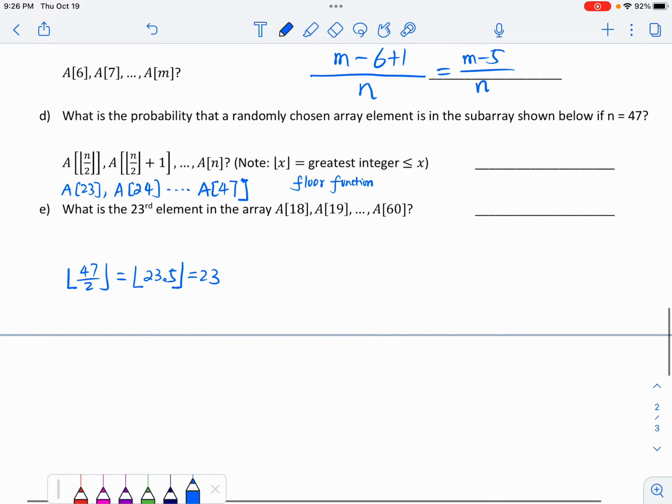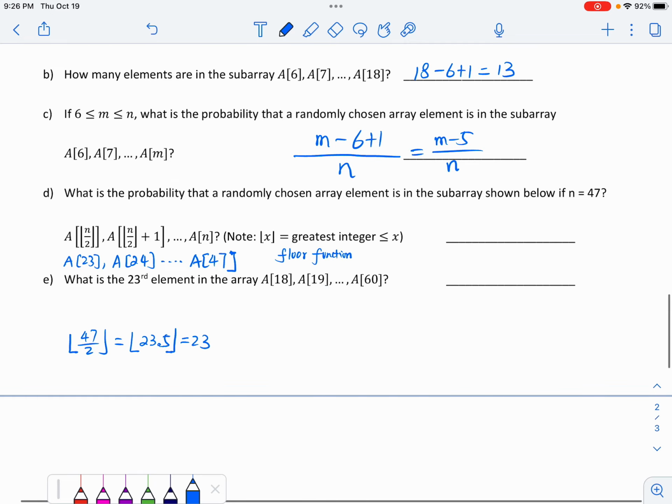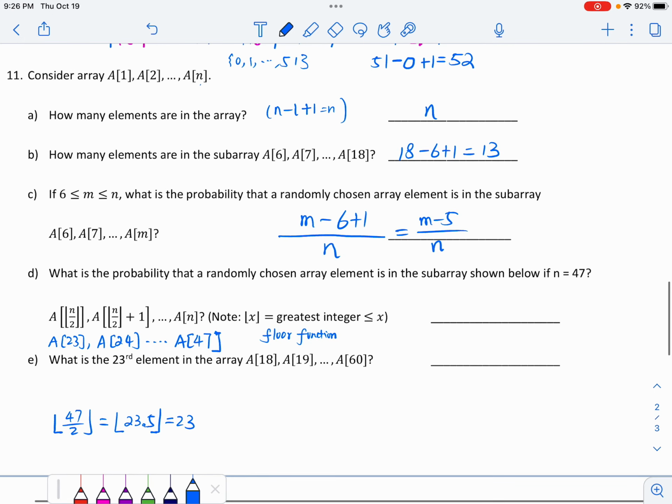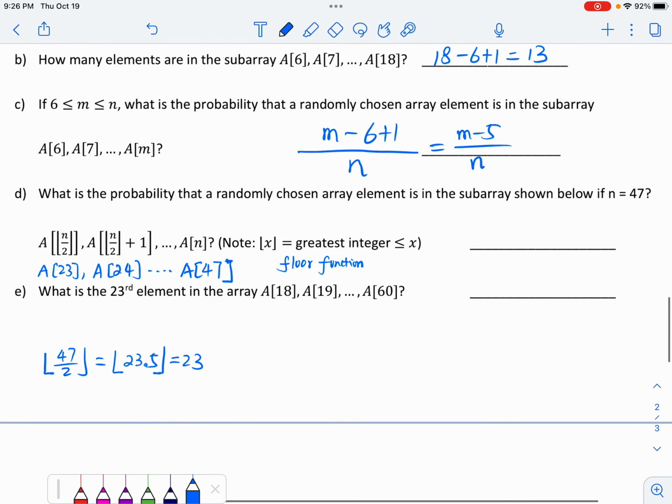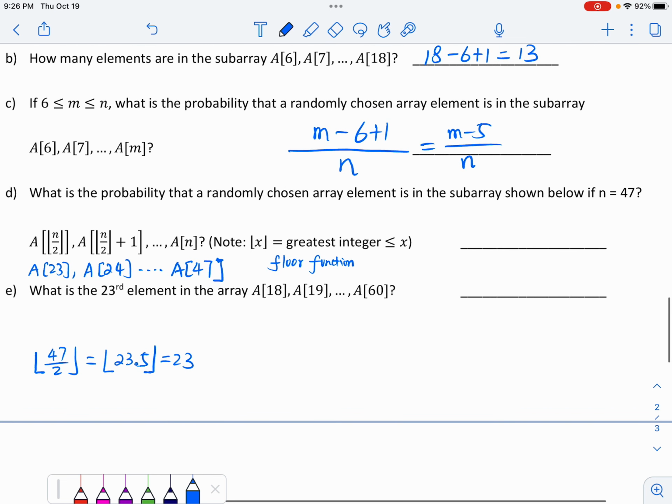A47. Now, n is 47, so what is the probability that a randomly chosen array element is in this subarray here? We do know the total, n is 47, that means there are a total of 47 elements, right?